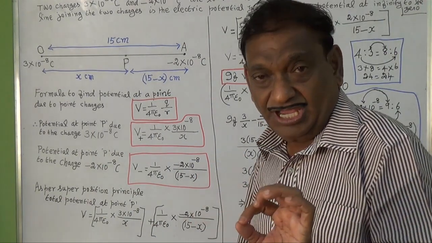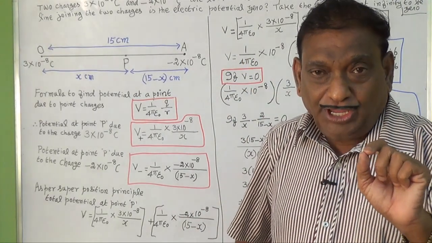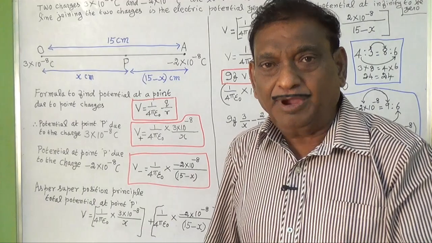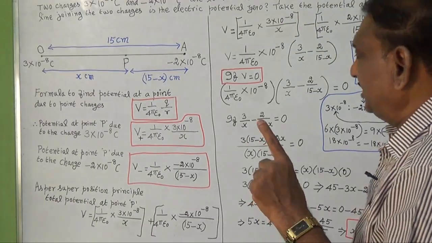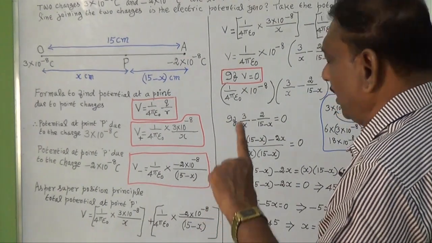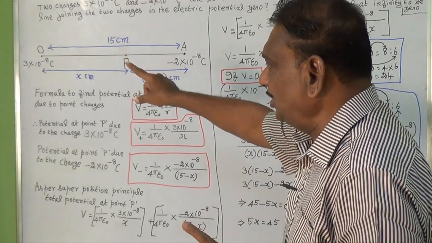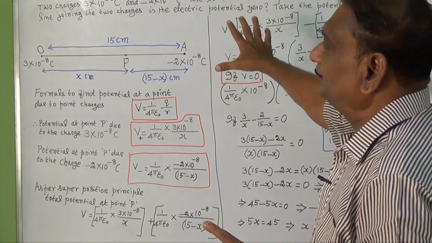In this case, we are not converting the unit centimeter into meter. We are doing the sum by taking the unit centimeter. So at the distance 9 centimeter from the charge 3 into 10 to the power of minus 8 coulomb, the potential will be 0.